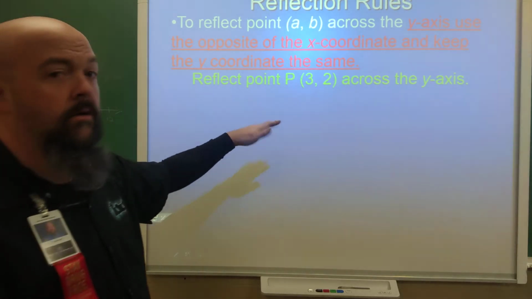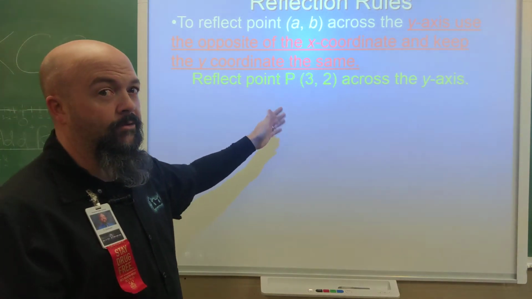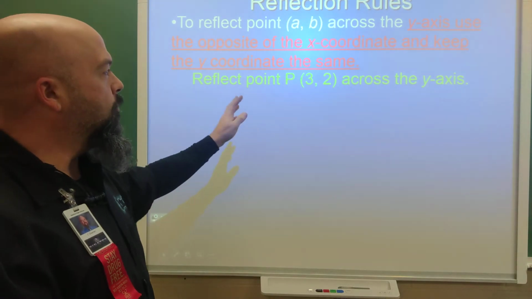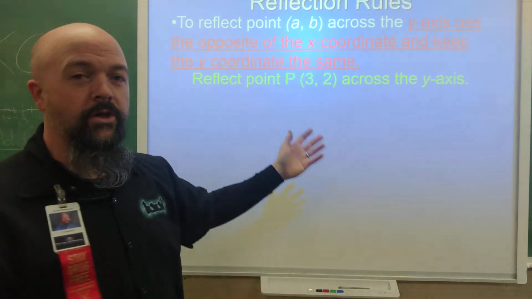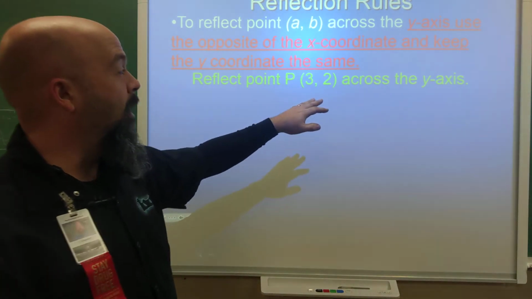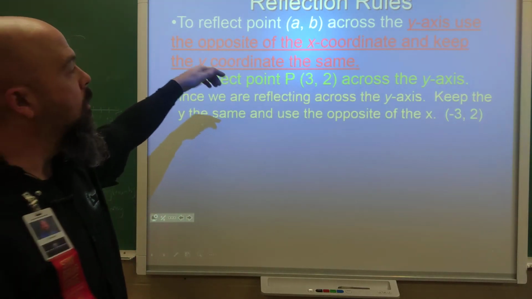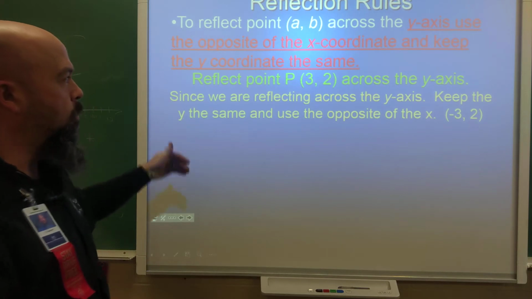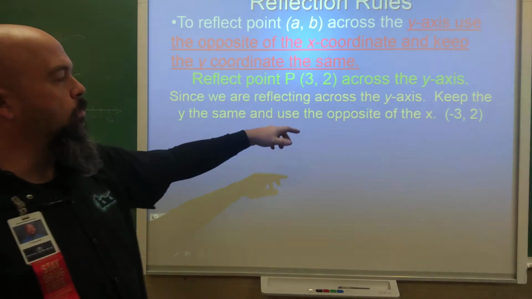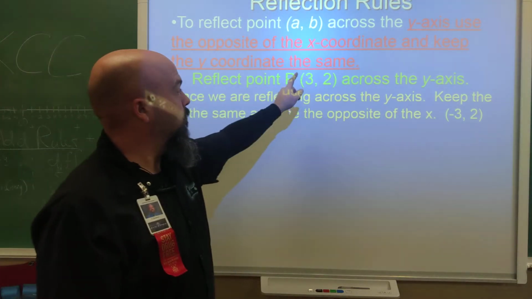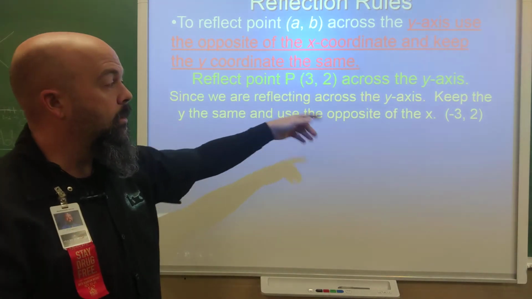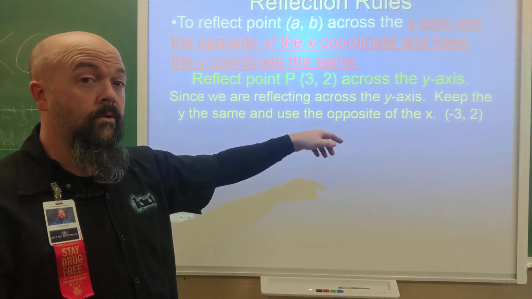Point P is still back again at 3, 2. It's going to reflect across the y-axis. And how that works is, as it says in the notes in the red here, we take the opposite x, keep the y. So if we're reflecting across the y, then the point 3, 2 becomes negative 3, 2.